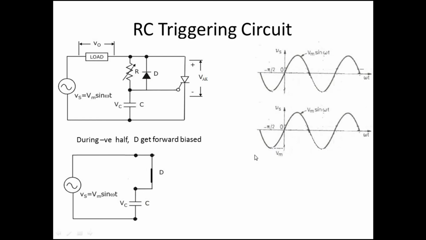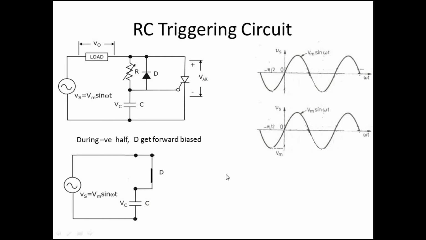So at the end of the negative half, the voltage across the capacitor will be Vm.